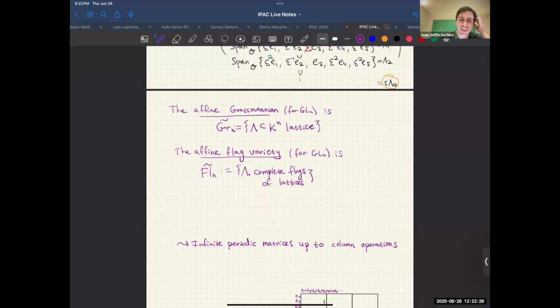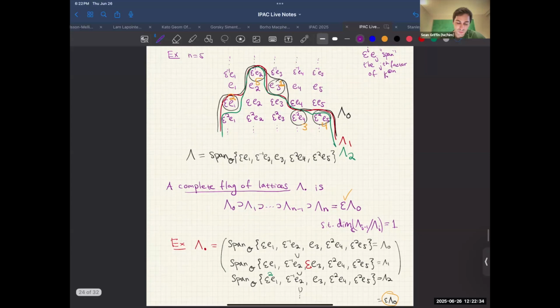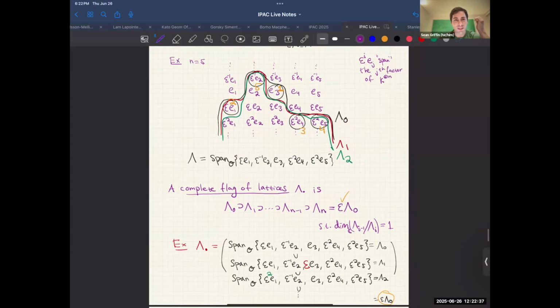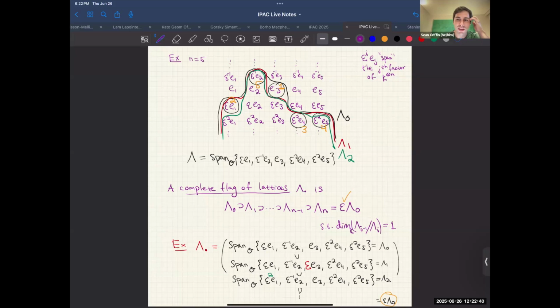This picture was just to illustrate; essentially, these are the torus fixed points of the space, like having ones and zeros in your matrix. But you could have sums of things, like I could have added plus 3 epsilon E4 or something. But then I'd have to change something about E4. Actually, no, I could just do that.